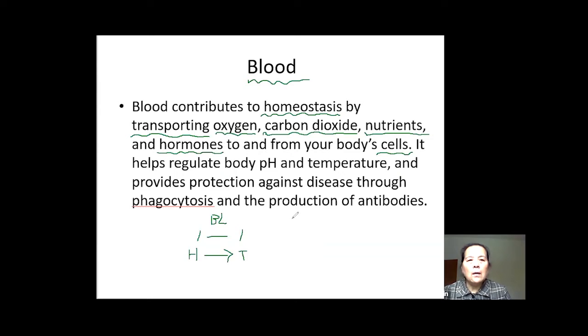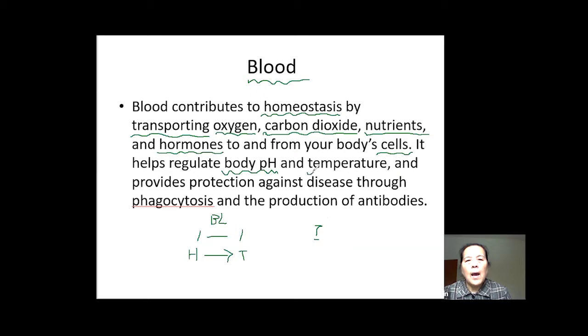And the blood also has functions regulating blood pH level. The normal blood pH level is about 7. Not too high, not too low. That's our internal environment balance.